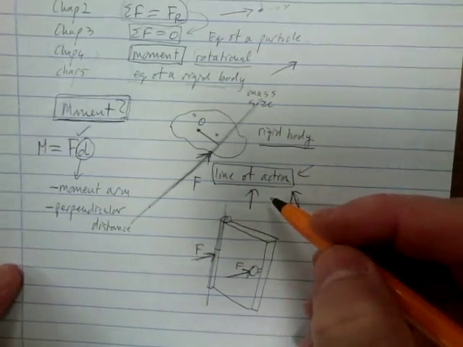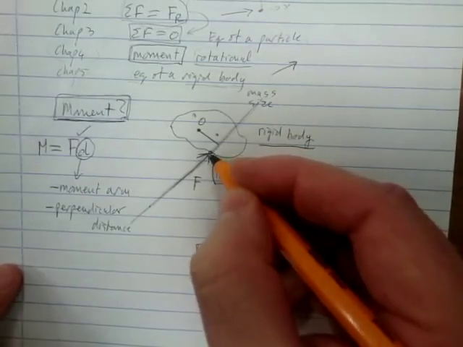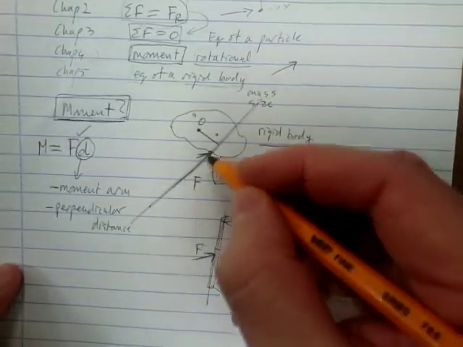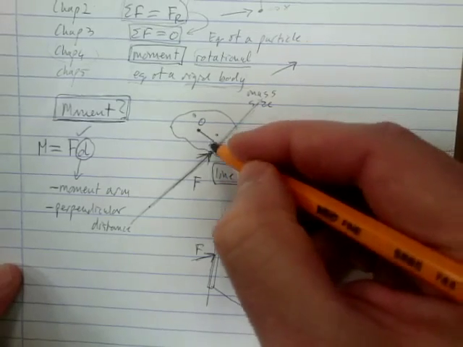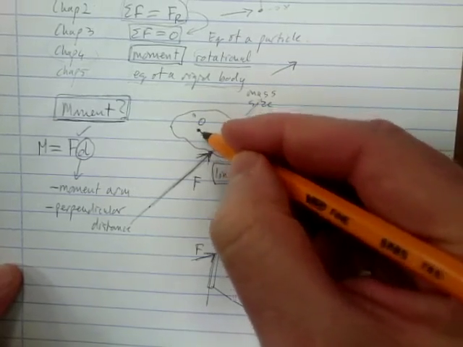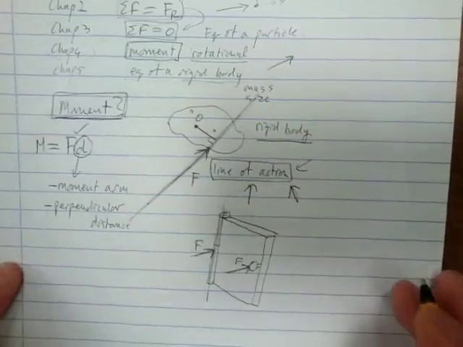Not to the point of application necessarily, but to anywhere along the line of action, so that I have a perpendicular line between this point and the line of action.